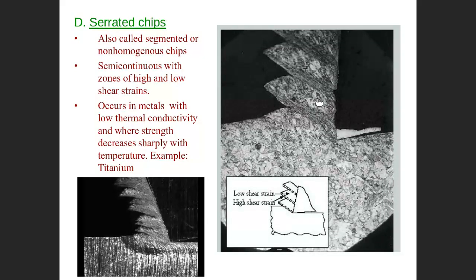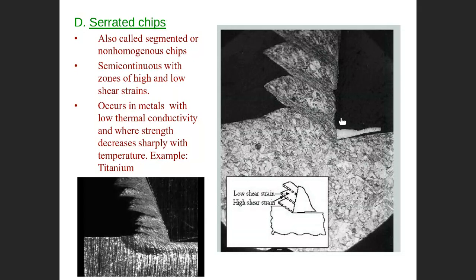Low thermal conductivity material accumulates temperature. It means that when heat is created here, the material does not dissipate heat easily, so the material accumulates temperature in the cutting zone, and the temperature in the cutting zone increases highly.